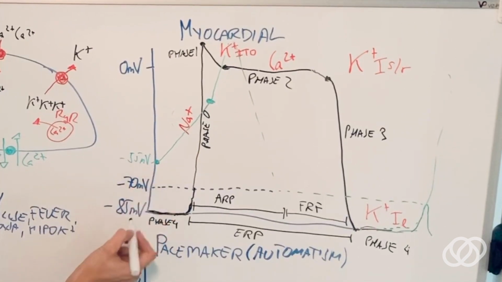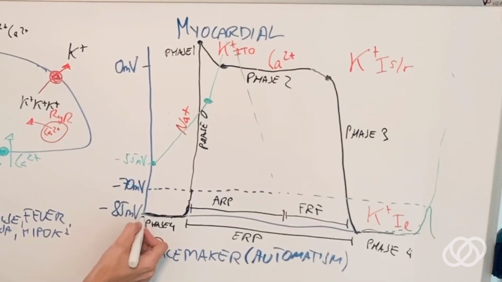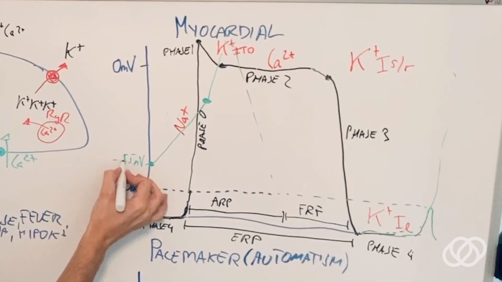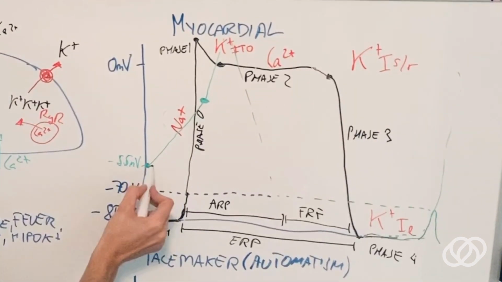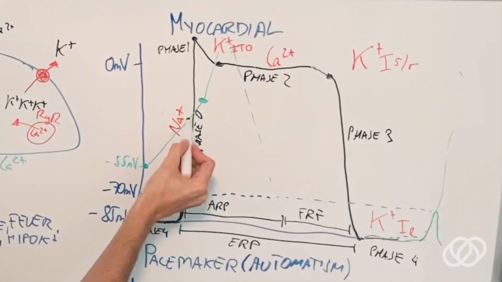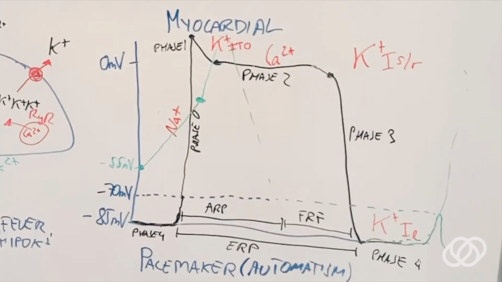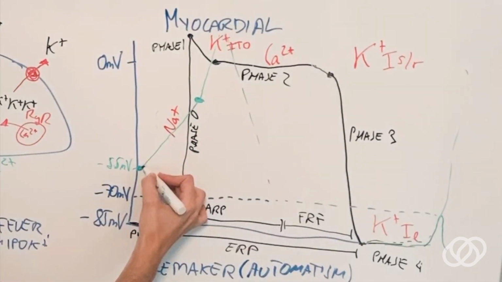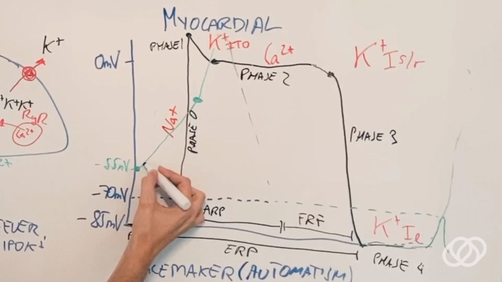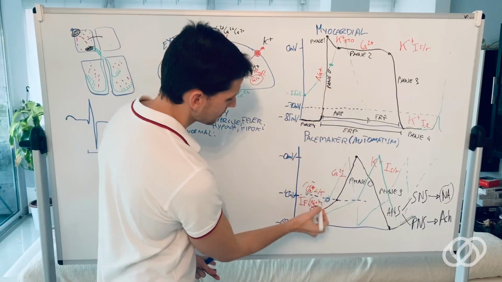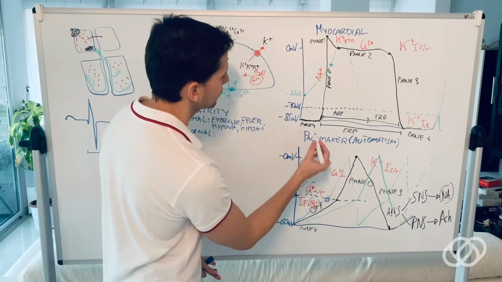Usually we said that the myocardial cells start at -85. Let's say that they go to -55, like if we have here. If we are at -55, the channels of sodium, the fast sodium channels, are already closed. But at this point there are some slow sodium channels that might open, as well as some slow calcium channels, like the one that we have here.